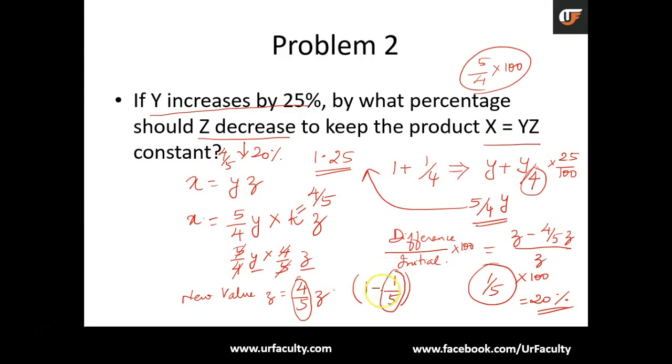So if a particular value has to come down by 20%, it is basically 1 minus 1 by 5 that we use to calculate. Or basically 0.8, you arrive at that, right? So it's the same technique. You can apply it as per your convenience. So this is what you will get ultimately.